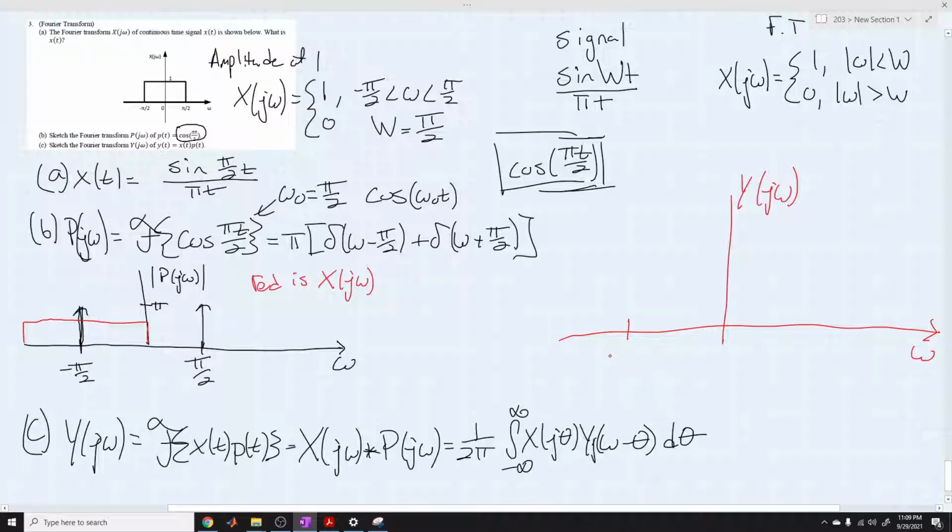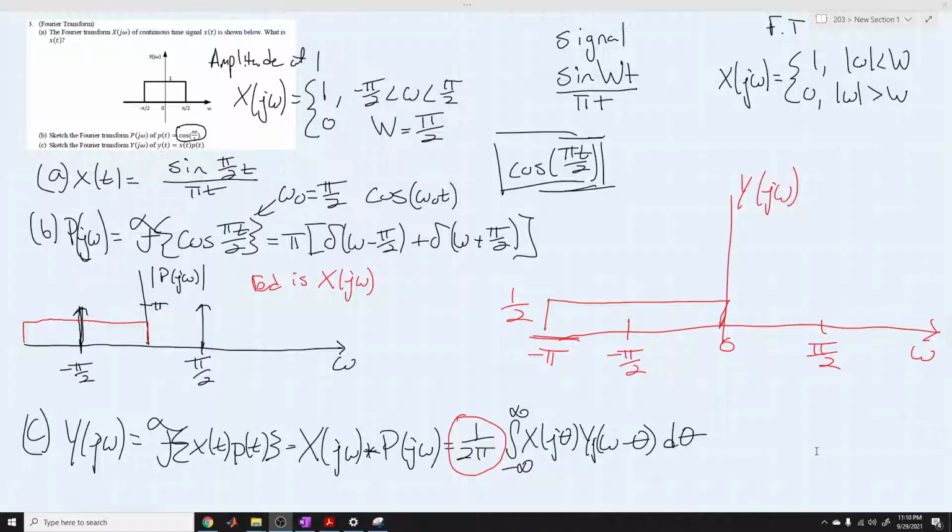So here's negative pi over 2, and here is pi over 2. Well, we have pi times a box of an amplitude of 1, and we have the scaling factor here. So we have pi times 1, which is pi, times 1 over 2 pi, which gives us 1 over 2. So we're going to get the first, gives us this, and this would be negative pi, and here we are 0, of course, and this is an amplitude of 1/2.